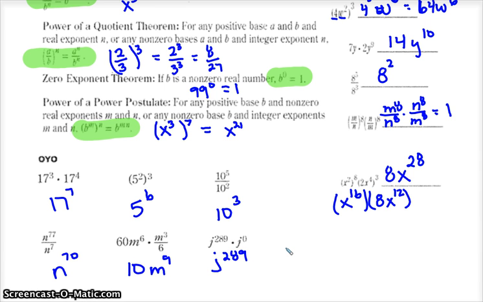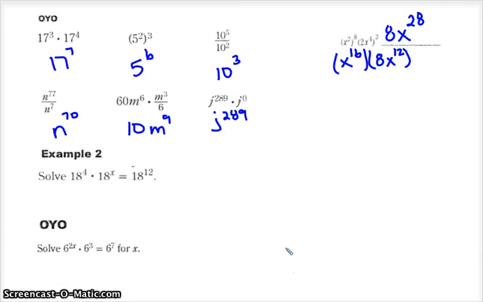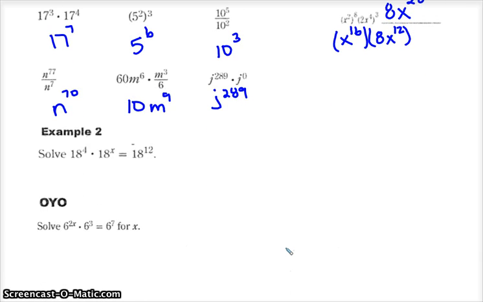If you didn't get one of those questions right, stop and try it again. If you're ready to move on, let's check out example number 2. In example number 2, we are asked to solve for x. Now, the way we can approach this is by looking at all of the bases being the same.